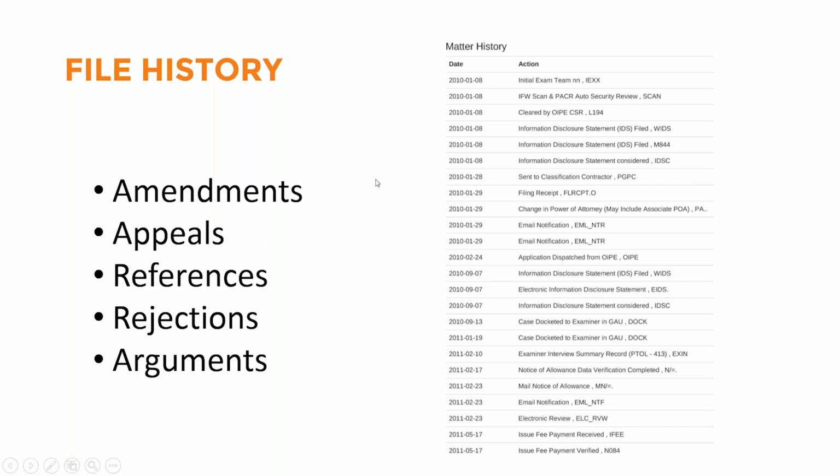We're going to see amendments, we're going to see appeals, and we're going to see the references that were brought up either by the applicant or by the examiner. If they were brought up by the examiner, were they used in a rejection? How did the applicant try or succeed in getting over the rejection with an argument or an amendment? All of that information is telling of where the claims came from, where they're going, and some of the applicant's strategy as well.